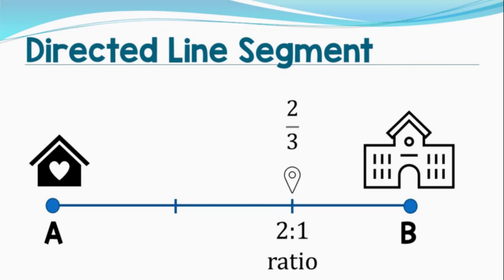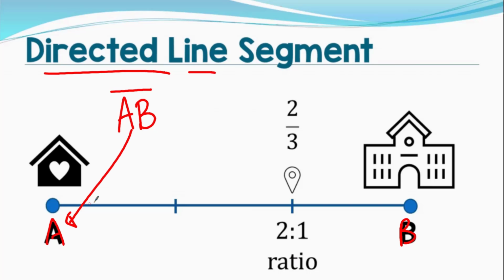Another thing to note is that when we're talking about segment partitioning, we're talking about directed line segments. From A to B would be listed like this, AB. The letter that comes first is where you start, and the letter that comes second is where you end.